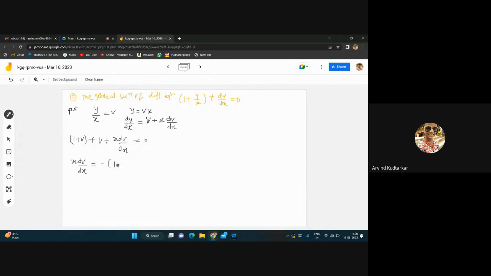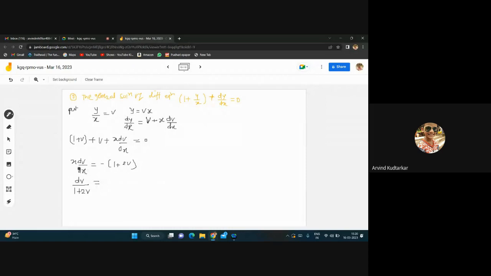And this is also variable separable. Why is it variable separable? We can shift or exchange the terms towards their order, dv and dx.